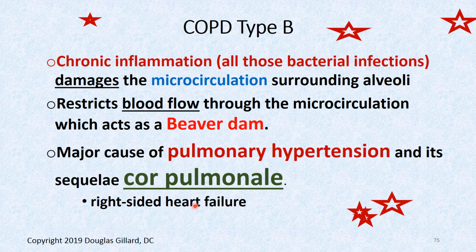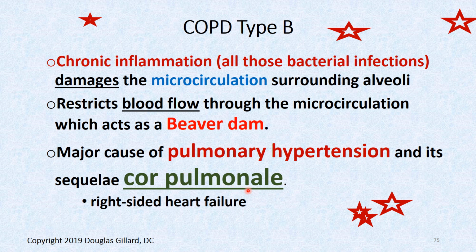Okay, chronic infection, we already said this, damages all the microcirculation around the alveoli. No, I didn't say this. So the chronic inflammation from all those infections can get into the microcirculation, and it can scar up the microcirculation, and that acts as a beaver dam. We've talked a lot about this before, but that is the major cause of cor pulmonale.